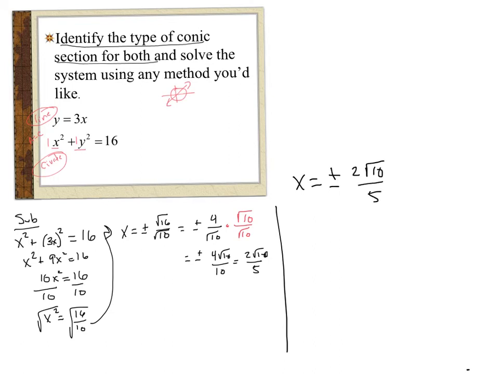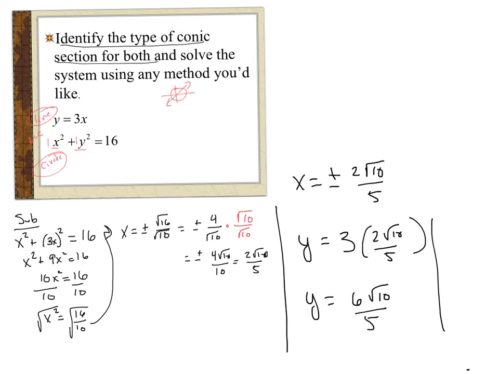So to find my two results, I plug the positive one in to find y, and I get y is equal to 6 root 10 over 5. Or I can plug in the negative one. So really, it's just going to make this negative. So I have a positive and a negative version. I'm going to get a negative 6 root 10 over 5.